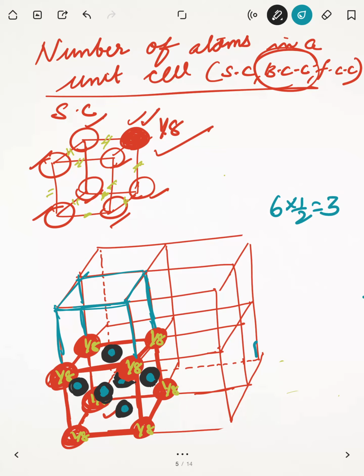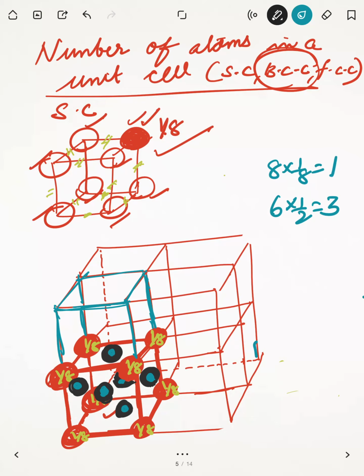In addition to that, the corner, that is 8 into 1 by 8, is equal to 1. So for the total number of atoms, all are red atoms only, same atom at the corner, same atom at the center of each face.